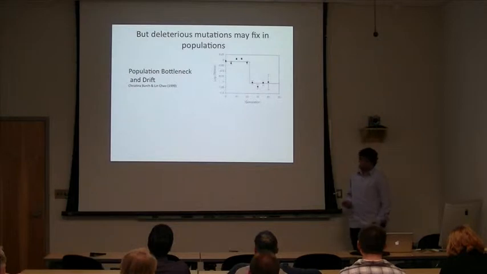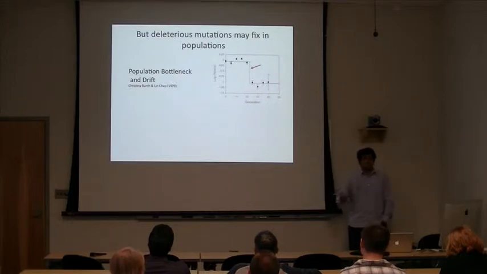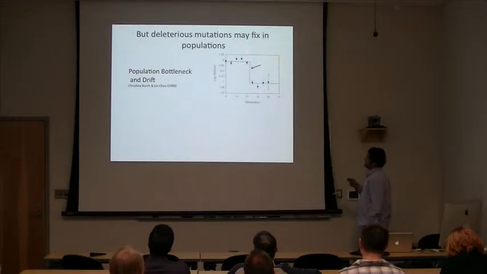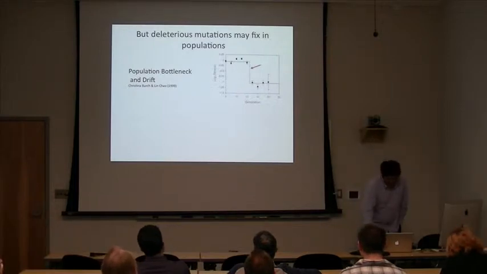But there can be oftentimes where certain situations arise where these mutations can either rise to high frequencies or even get fixed in populations. In this classic experiment, Birch and Chow passaged phages through serial bottlenecks, and as you can see, about 20 generations later, there was a drastic fitness decline consistent with fixation of these mutations.